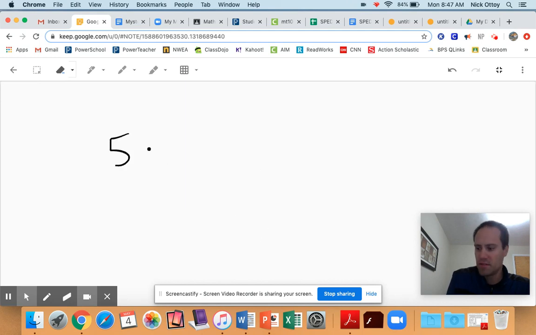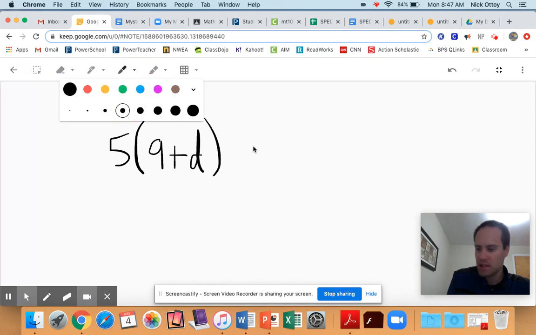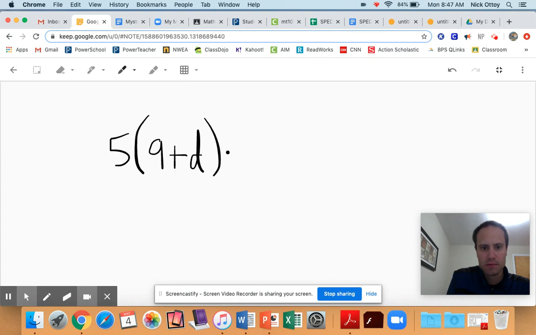So we've done some things with parentheses where we have it like this. I'm not really liking this pen, so I'm going to switch pens here. Okay, so we have 5 parentheses 9 plus D minus 6 when D equals 3.